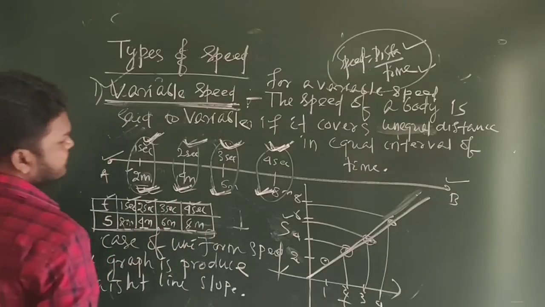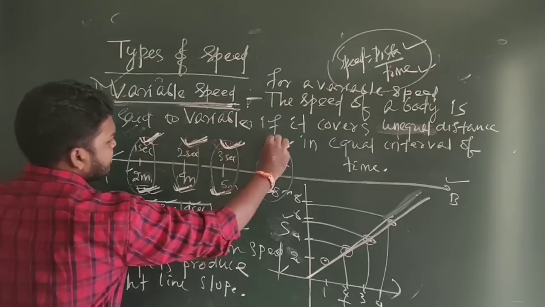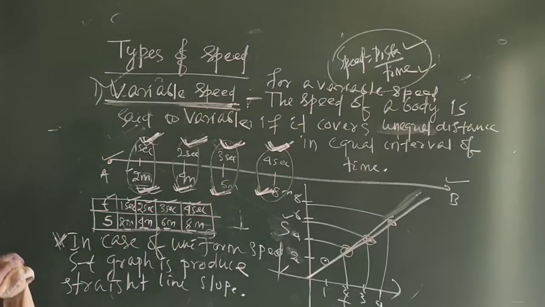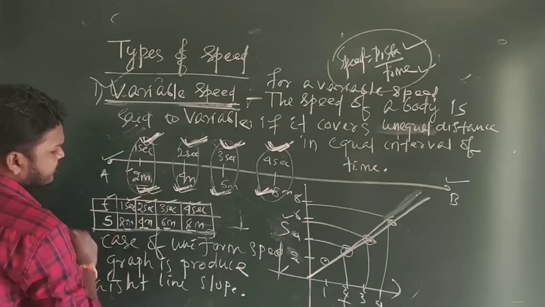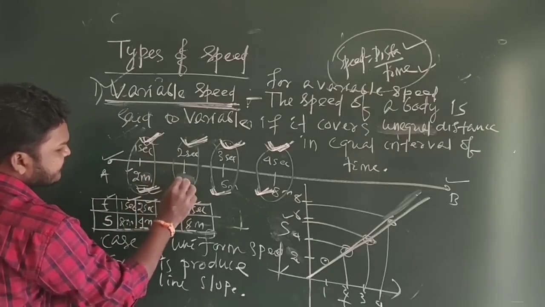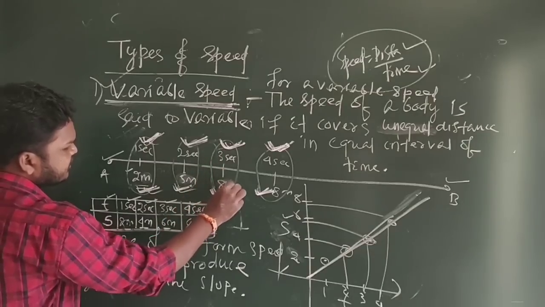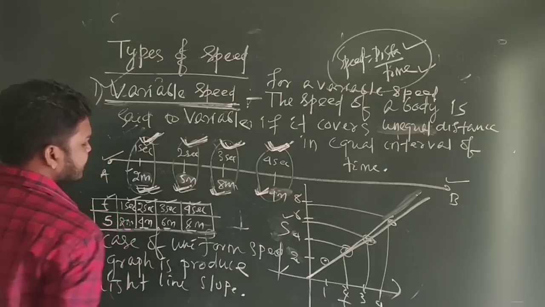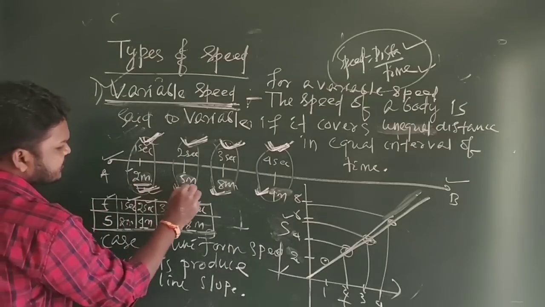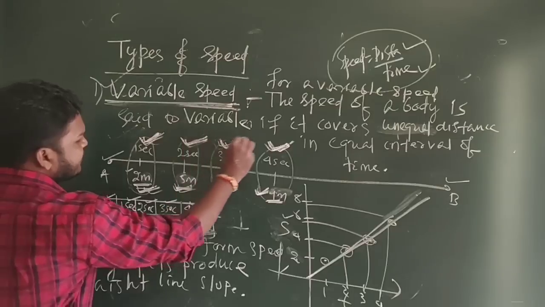But in variable speed, the value of speed will be different at every point. That means if in 1 second the body covers 2 meter, in 2 seconds the body covers 5 meter, in 3 seconds the body covers 8 meter and in 4 seconds the body covers 9 meter. That means in this case the body covers unequal distance in equal interval of time.